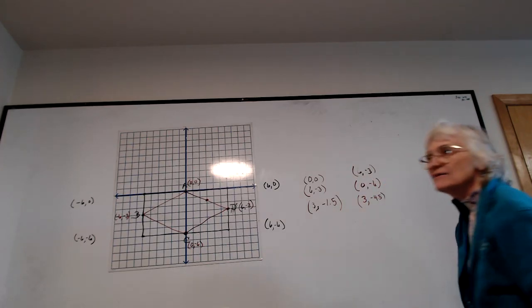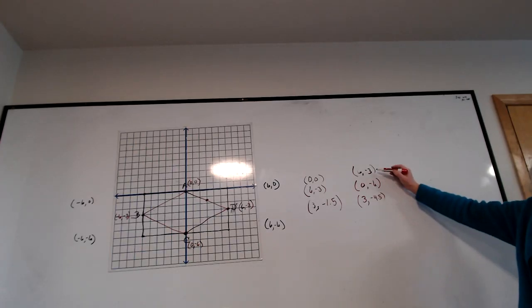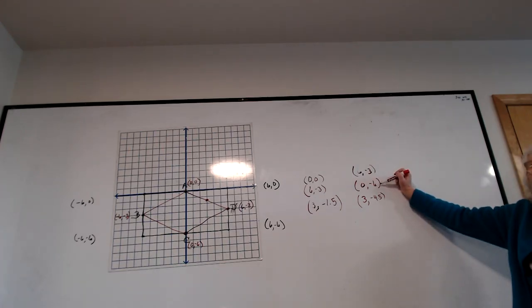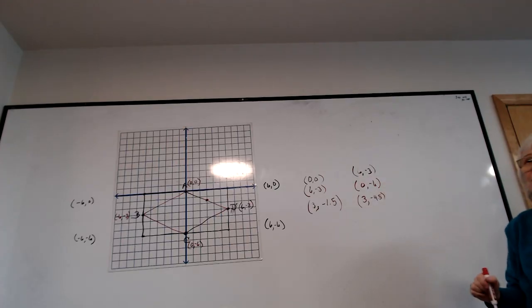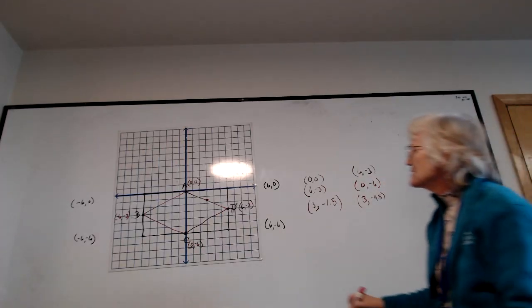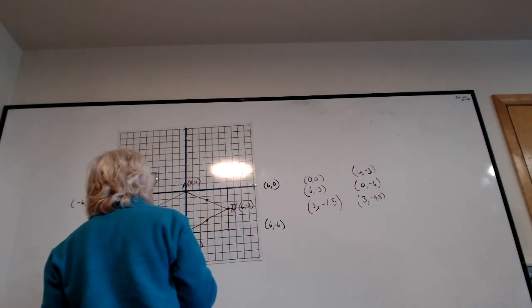You guys all figure out how I got that? -4.5 is the halfway mark between -3 and -6. You agree with that? Because this is a step of 3, so I took 1.5. So I added 1.5 to this, but I know I'm going negative, so it's -4.5. Okay, so let's see, (3, -4.5). Well, it looks about right there.